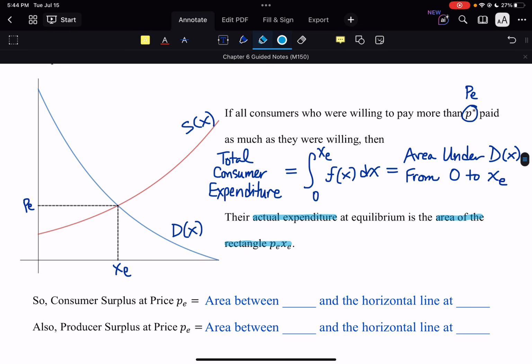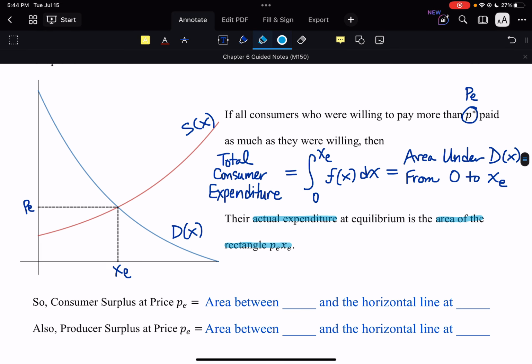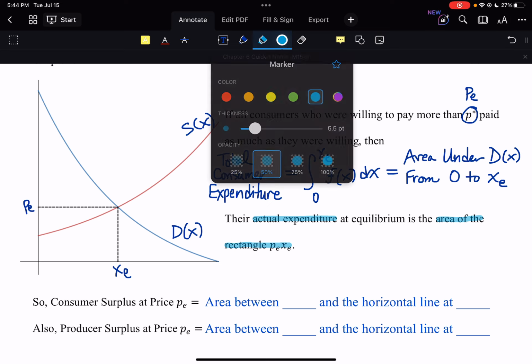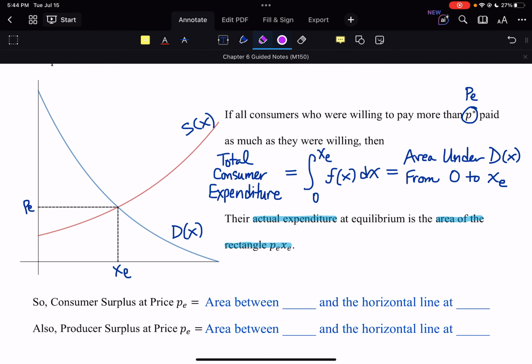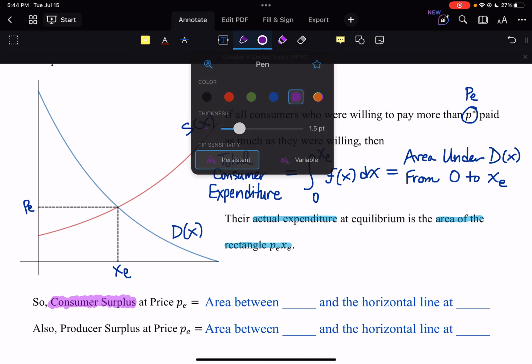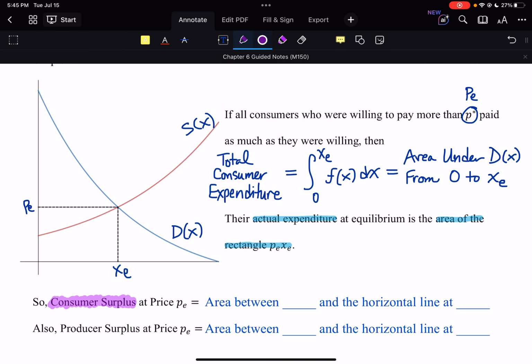So how do we get consumer surplus and producer surplus at equilibrium? Well, the consumer surplus, let me try to color code here. The consumer surplus at equilibrium is going to be the area between the demand curve and the horizontal line at P_E.